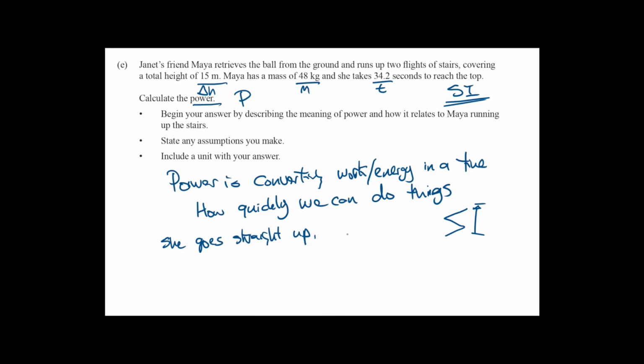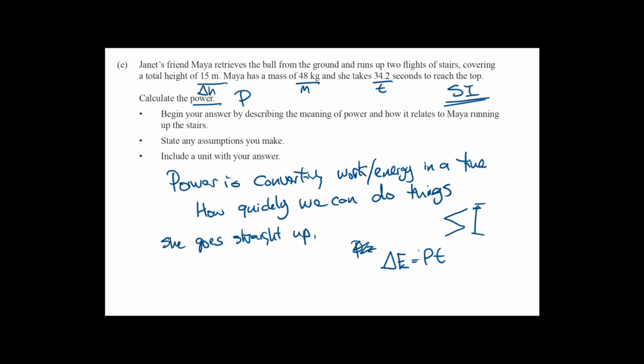So the power is given as power is equal to. Let's use the equation that they give us. They give us this equation here, where this is change in energy, P is power and little t is time.